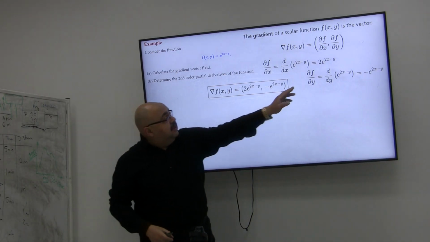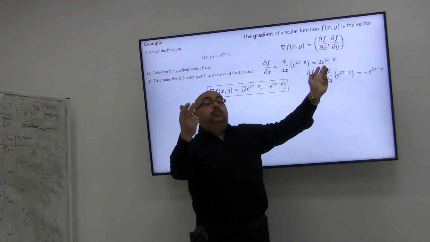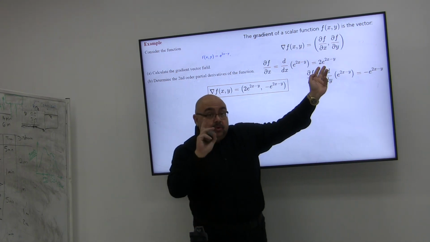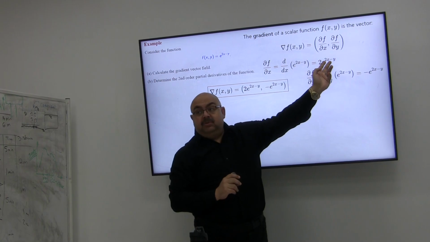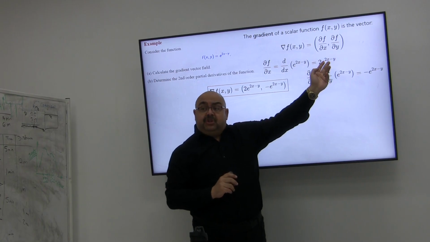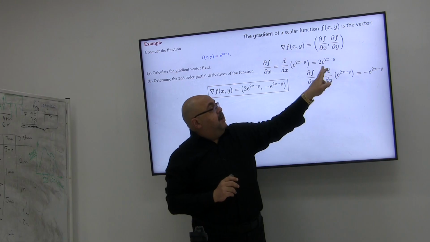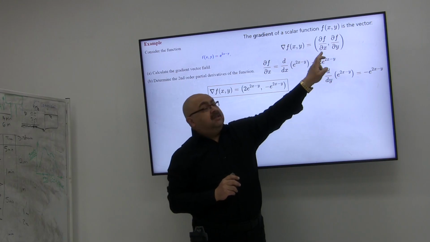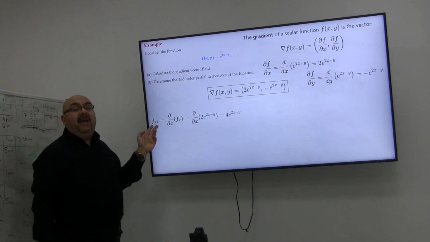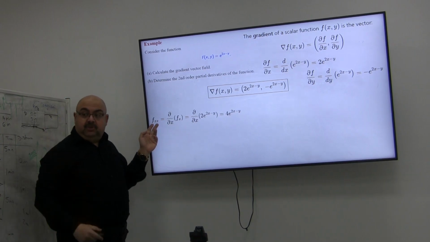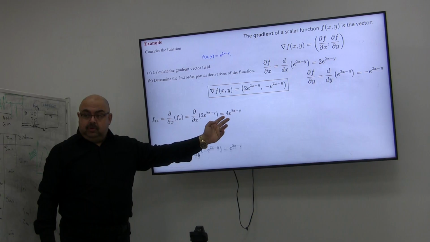Those are the first derivatives. So this one will be differentiated once more with respect to x, I'm sorry. So it's going to be 4 times e to the power of 2x minus y. If I want to differentiate with respect to y, it's going to be minus 2e to the power of 2x minus y. So once more, that's f double x, which means I differentiate 2 times with respect to x, same value as I told you.